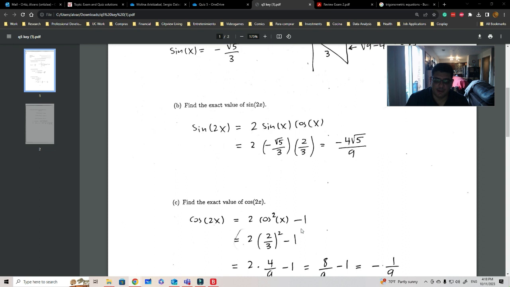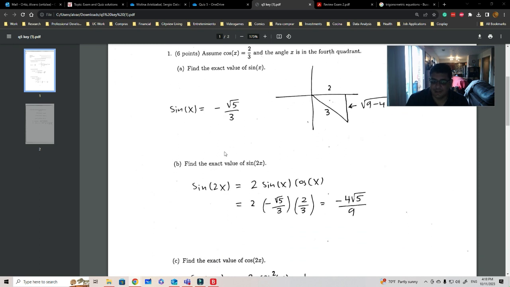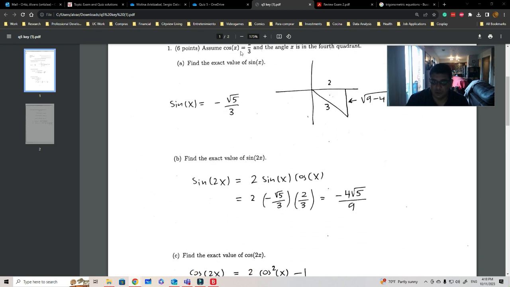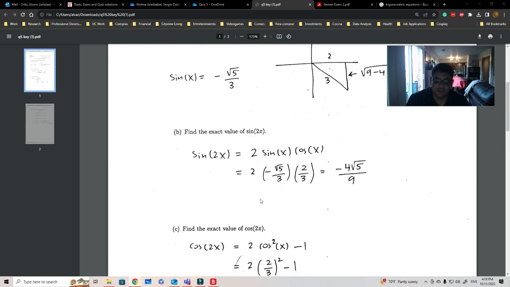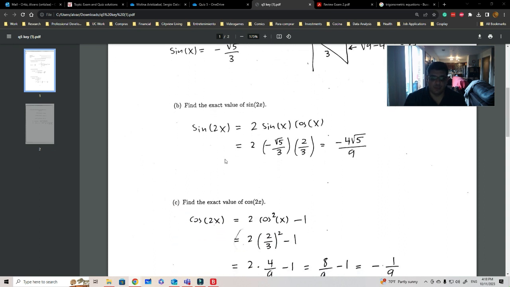Then last but not least, cosine of 2x. So we're going for cosine of 2x. And there are many ways of finding that. We can use something in terms of the cosine or something in terms of the sine. So this time, we can use the identity cosine of 2x equals 2 cosine squared x minus 1. Why? Because cosine of x is the first thing that they give us. So if we put it in terms of that value, then we don't have to do much.